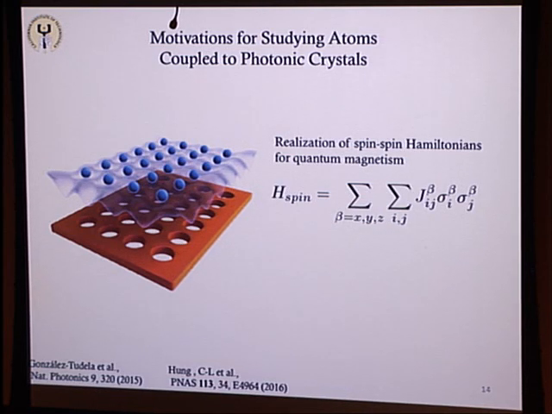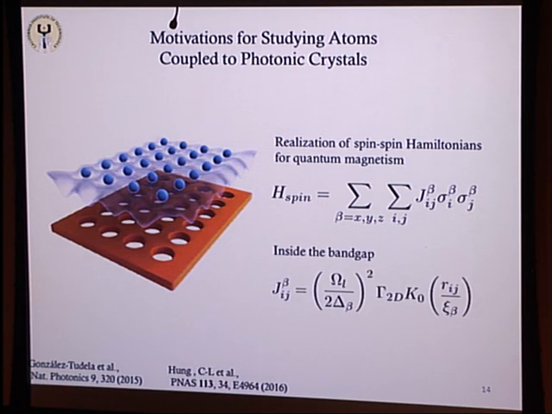So probably the more interesting thing to look at would be to try to realize spin-spin Hamiltonians for quantum magnetism. The thing that's interesting about this type of idea is that inside the band gap, this coupling constant, J, goes as this kind of complicated structure, and it's really not important to understand all of the fine details.